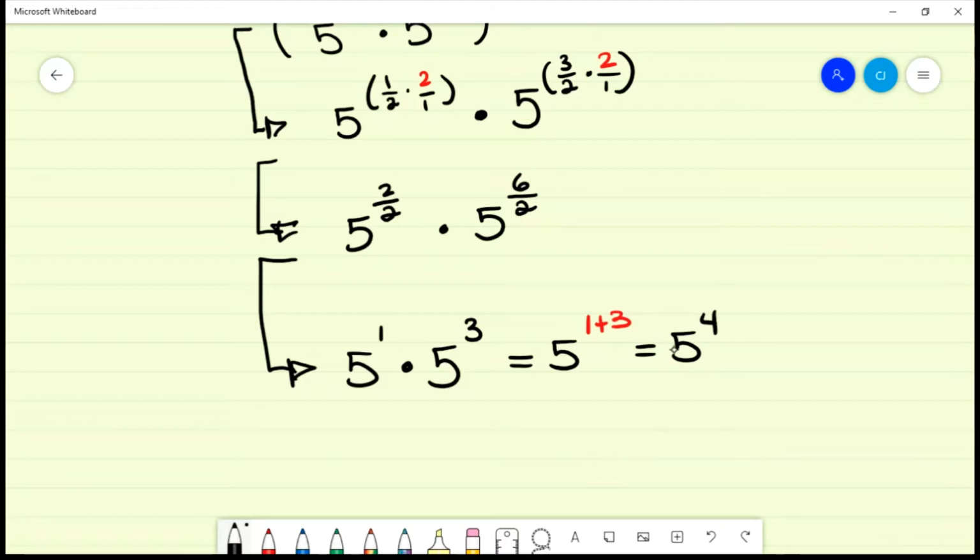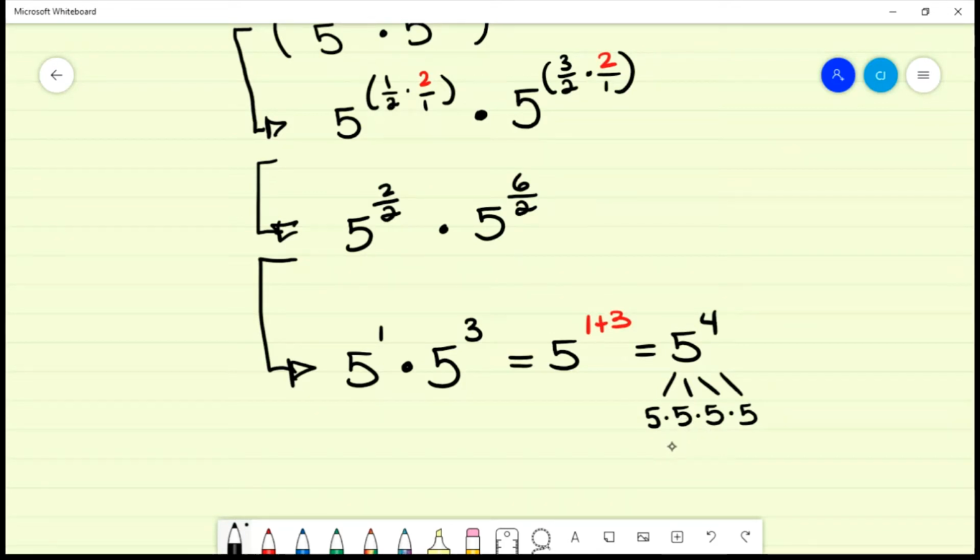And then if you can just visualize, 5 to the 4th power is the same thing as saying 5 times 5 times 5 times 5. And we know that 5 times 5 is 25.